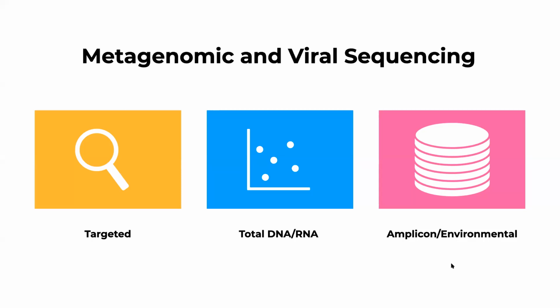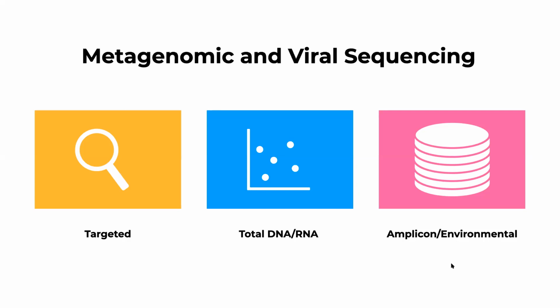And then sometimes we want to sequence total DNA or total RNA. If you think about the human sample, let's say we take a sample from blood and we suspect that there is a virus in the blood as well. The virus is infecting the blood cell, and what does it do inside? It replicates. How does it replicate? It produces genes.